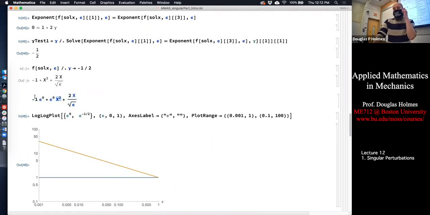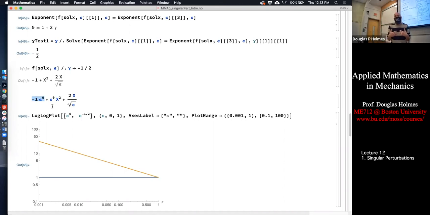Since these are balanced, they are epsilon to the 0 because we forced them to be the same. We said balance the exponents on those two terms. This, if you recall, was term 1. We forced those terms to have the same magnitude in epsilon. That's why they both have epsilon to the 0. We made them balance each other.